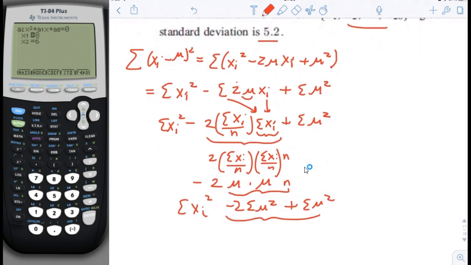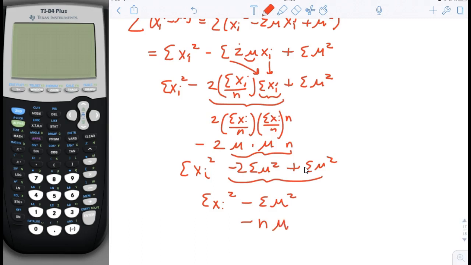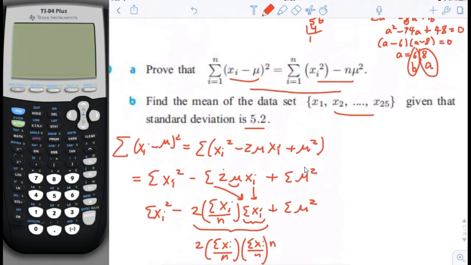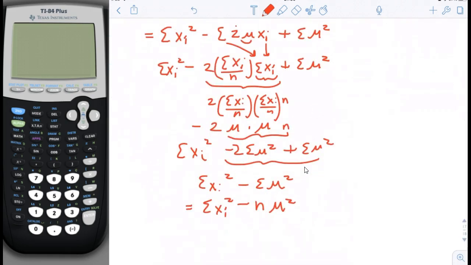Now if you combine these two, they're like terms, you can put sigma xi squared minus sigma mu squared. Or, yeah, actually, instead of putting sigma mu squared, we could rewrite that as minus n mu squared, right? Okay, now let's see if we got what we wanted. Sigma xi squared minus n mu squared. We did. Okay? So we showed that.